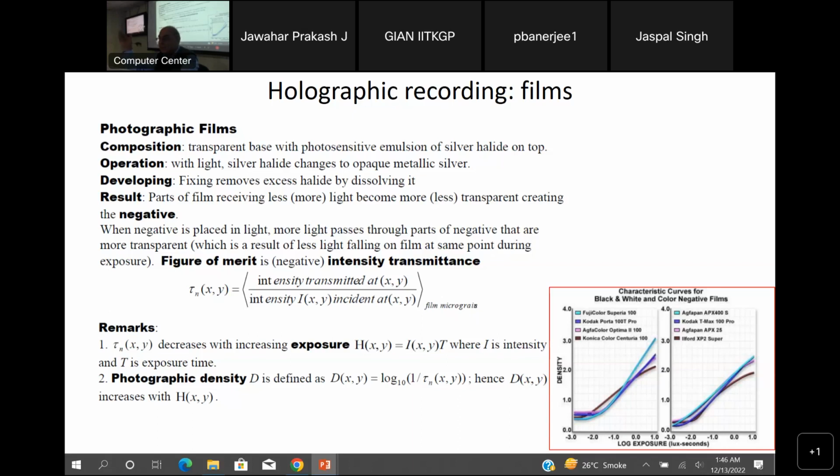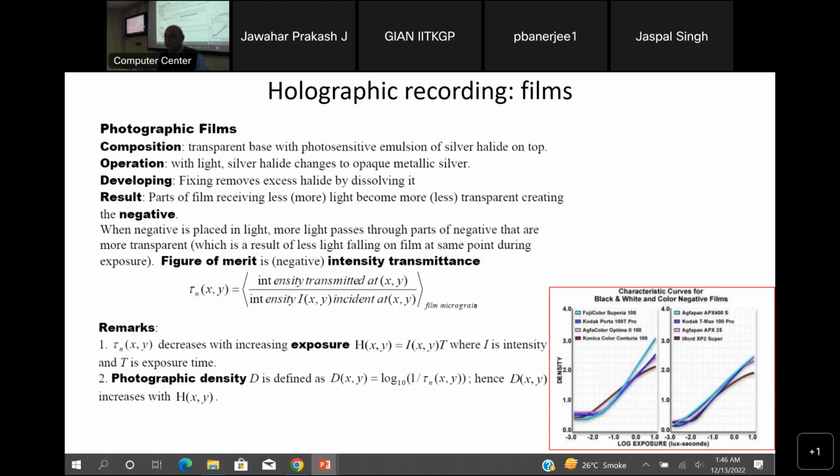So essentially what you make is a negative of the intensity pattern that falls on the film. Right? As easy as that. And then two negatives make a positive, as you know. So you take that negative, shine light on it again, do the same process, and finally what you have is a negative of a negative, which is a positive.